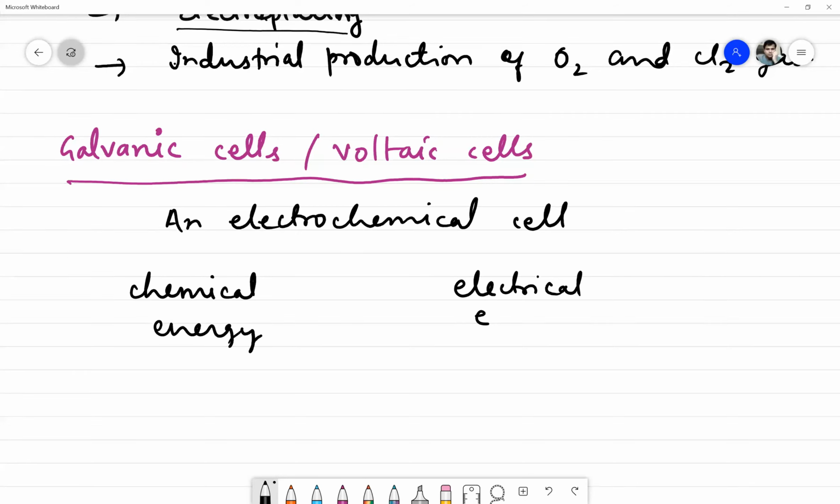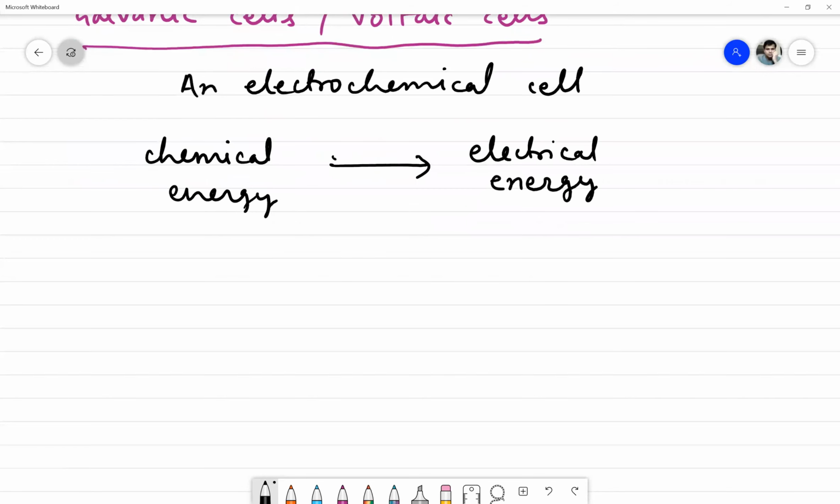You can see these cells work exactly in the opposite way of an electrolytic cell. In these cells, chemical energy is converted into electrical energy, or in other words, a spontaneous chemical reaction takes place and electricity is generated. A spontaneous reaction means one which takes place naturally.